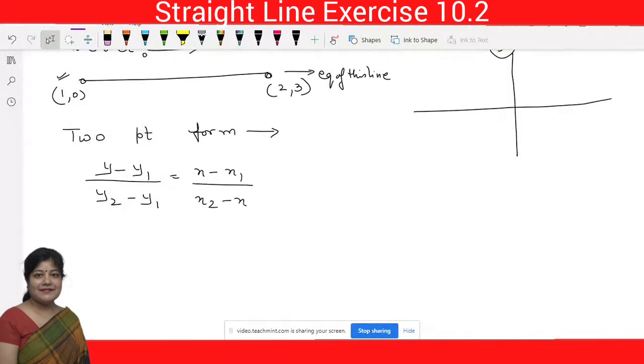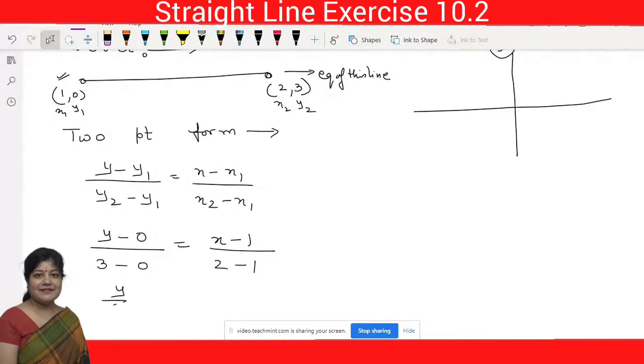Now substitute these values. This is x1, this is y1, this is x2, this is y2.